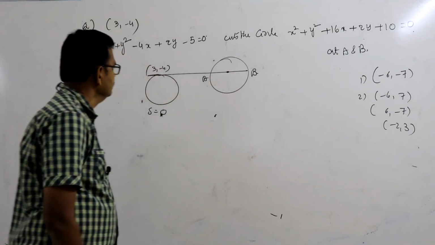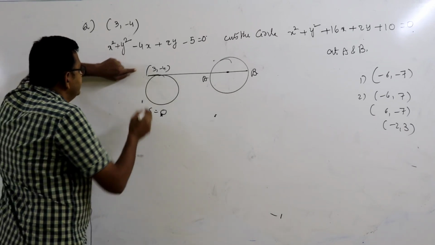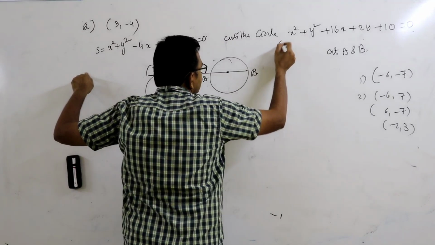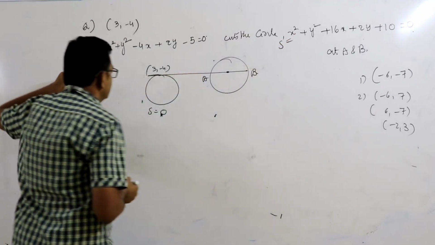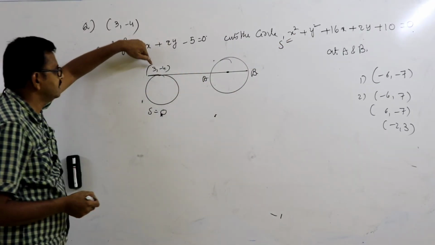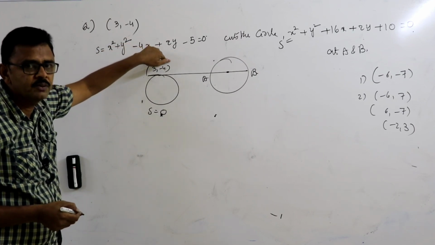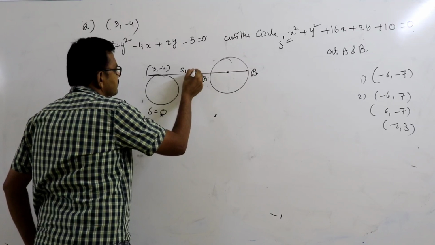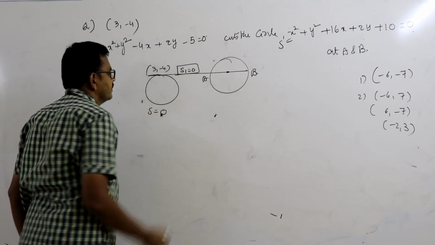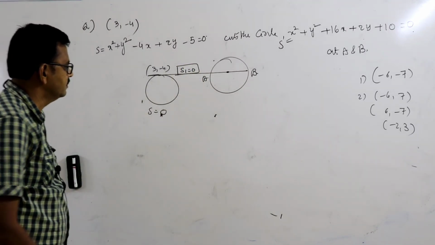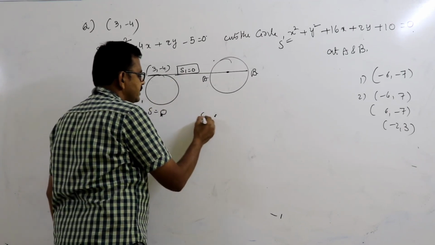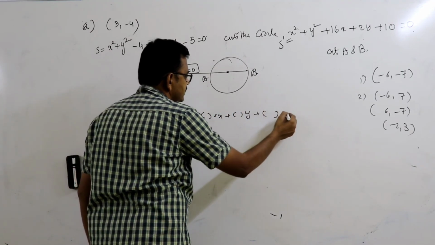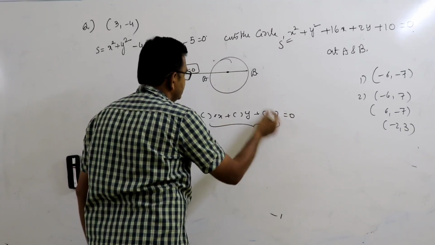This is the circle S equal to 0, this is S dash equal to 0. Equation of tangent at the point 3 comma minus 4 to this circle is S1 equal to 0. This equation we have to reduce into ax plus by plus c equal to 0 form. This is the line equation.